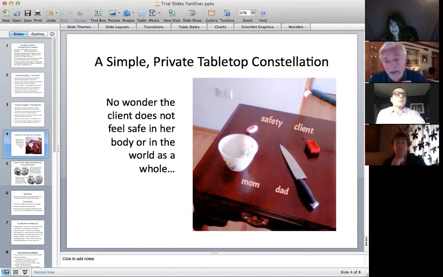She's rectangular. So if you took a bowl and you sliced the sides, you'd get her. And right there in the middle is this great big kitchen knife, which is dad, with the sharp edge pointed towards her and standing right between mom and the client. And kind of threatening the direction from the client to safety.